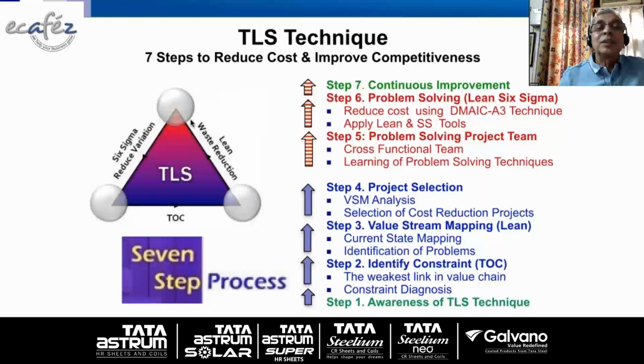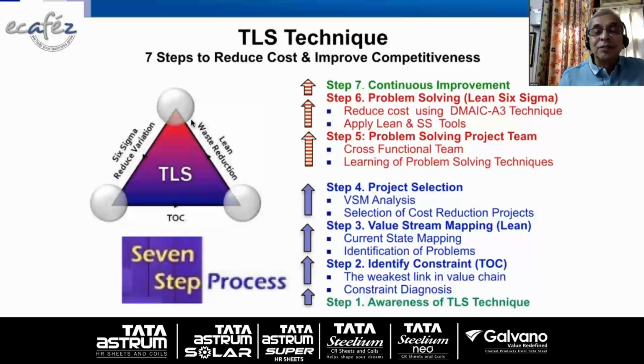So how can this problem of cost reduction be solved? The TLS technique has 7 steps very clearly identified. First step is awareness of TLS technique, basically to buy in the concept and change the attitude of people about the problem. The second is identify the constraint. Here, TOC is used.